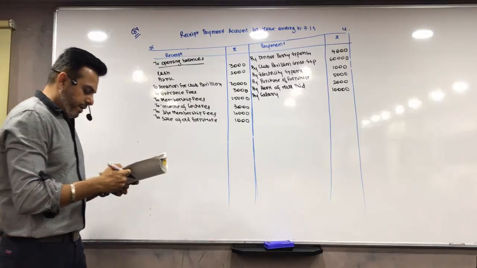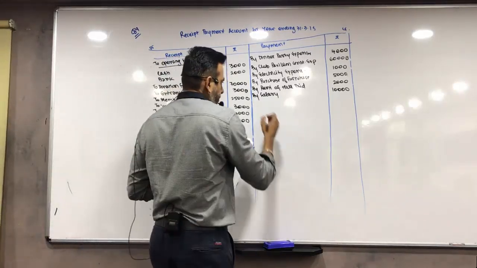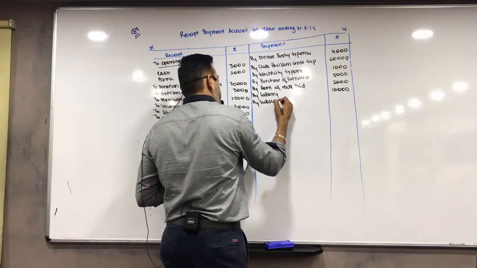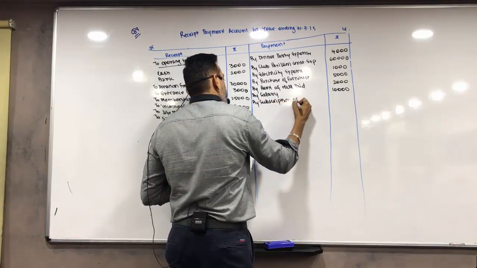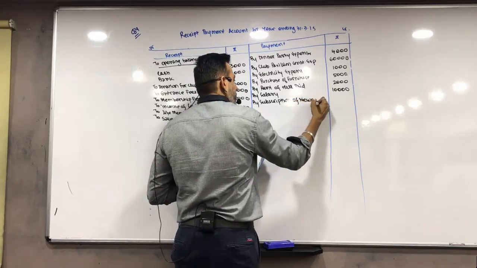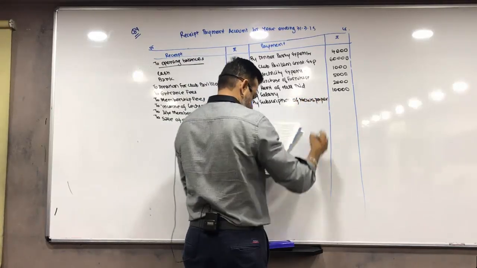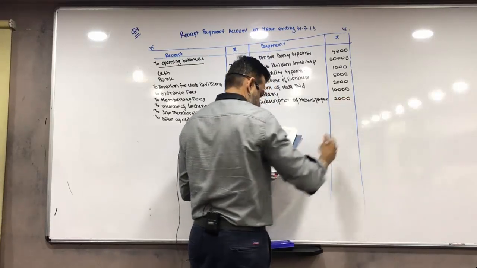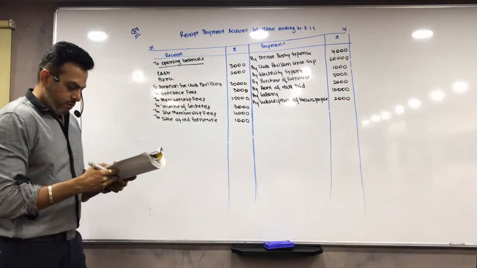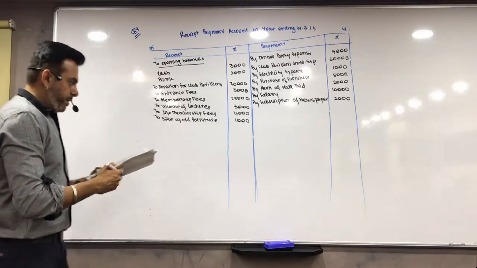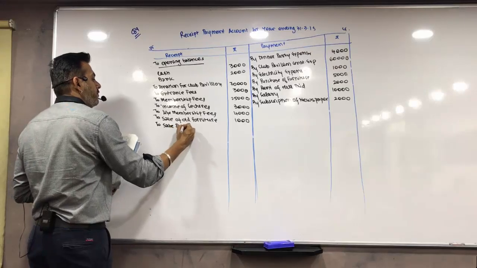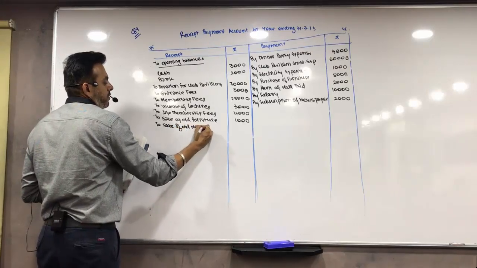Subscription of newspaper, $2,000. Sale of old newspaper. 500. To sale of old newspaper.